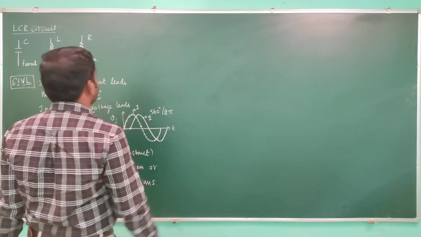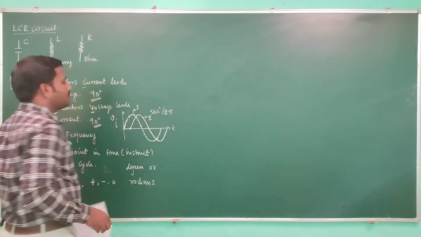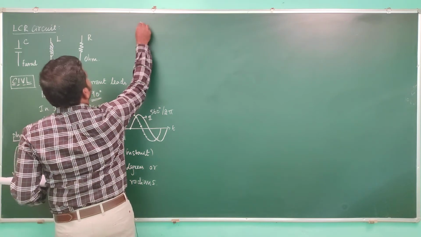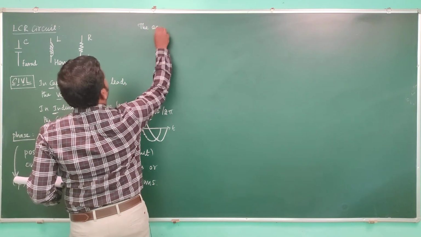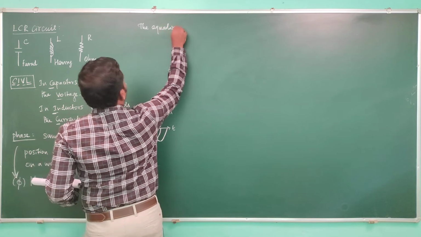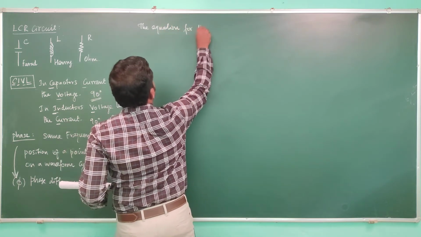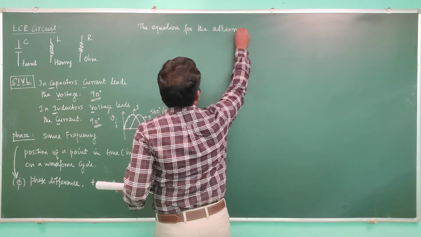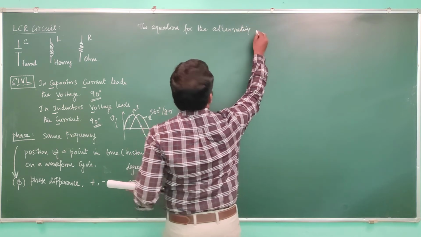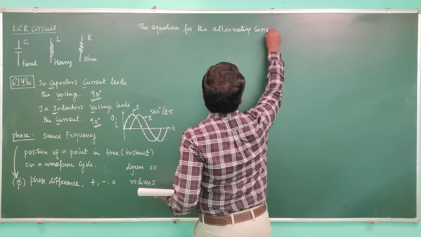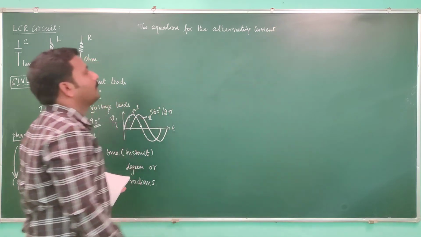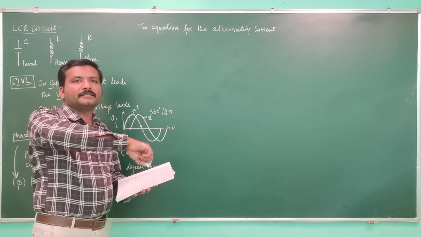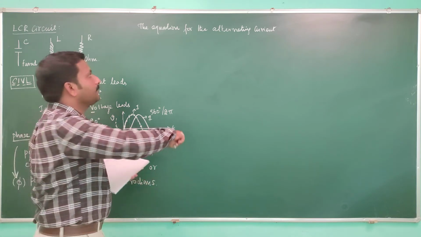So in this situation, the equation for an alternating current may be written with the inclusion of the term phase difference phi.